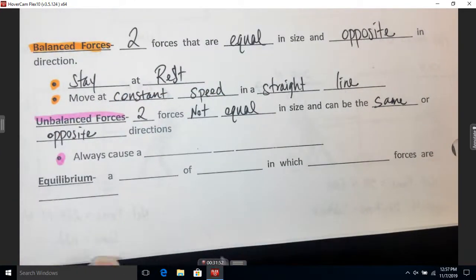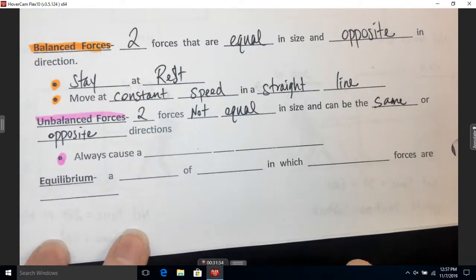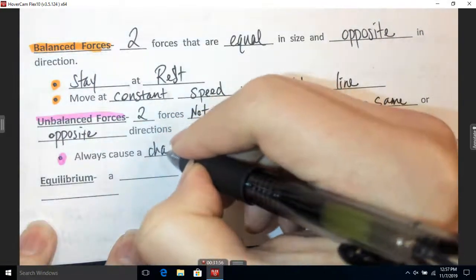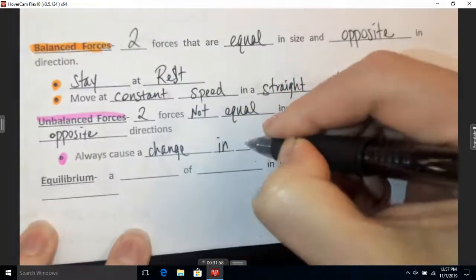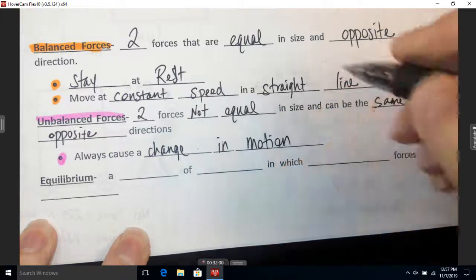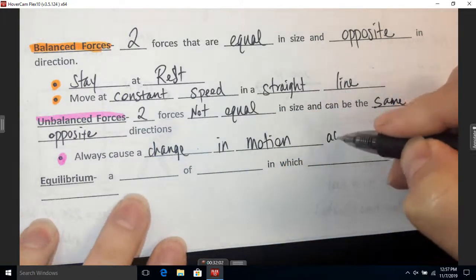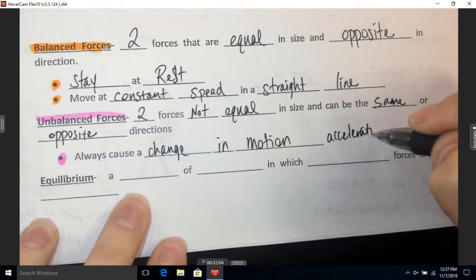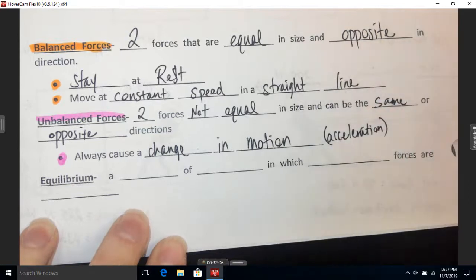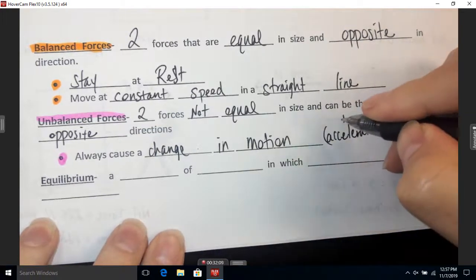Because this is how you get acceleration. They always cause a change in motion. And a change in motion means acceleration. That can be positive or negative.